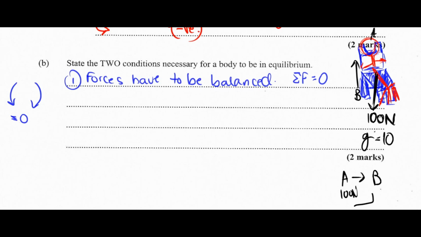Then B will push back on A with the same 100 newtons. However, it would be a negative 100 newtons force because it's in the opposite direction. So remember, the signs only tell you direction, right? It doesn't have anything to do with the size or the magnitude of the force exerted. It just tells you that it is in the opposite direction.